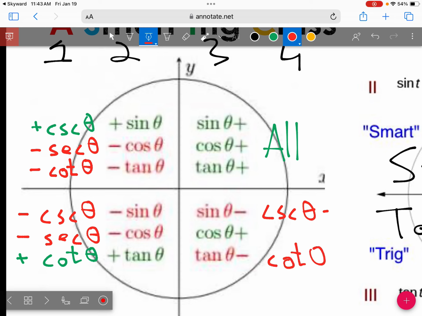So what are the two that are positive in the fourth quadrant? Cosine and secant. Remember, cosine is sister of secant, and sine is the sister of cosecant. It's almost backwards from what it feels like it should be.